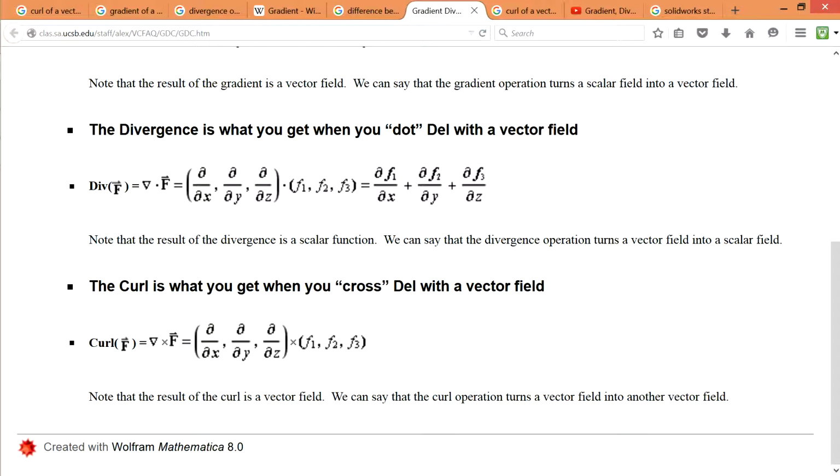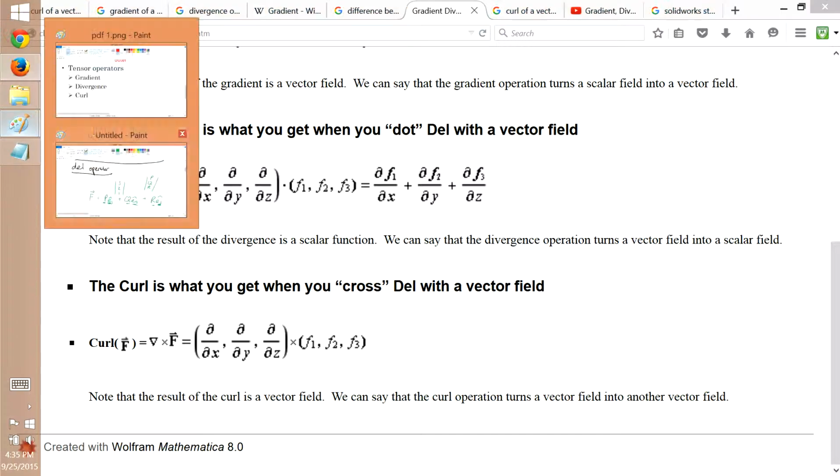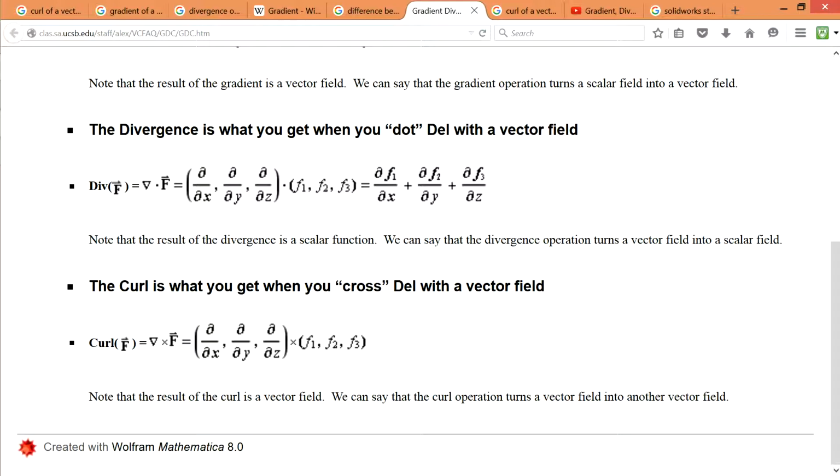As for the curl itself, it is the del operator with the cross product with the vector field. As you can see, we are simply using the operations that we have derived in the past videos to do with our operators right now.